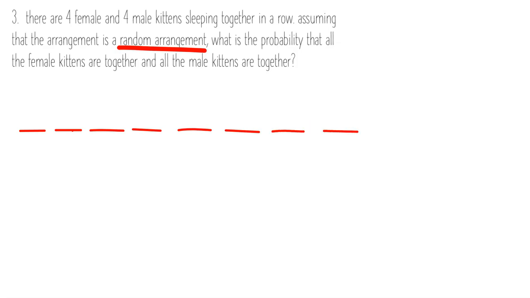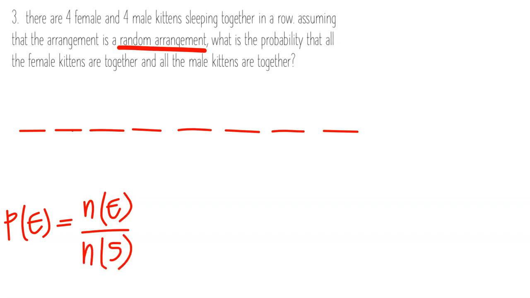I have a total of 8 kittens, and the denominator, when you're finding the probability of some event, is always equal to the number of ways that event can happen over the total number in my sample space. My sample space in this case would be how many different ways I can arrange all 8 kittens that I have. That would be a permutation since the order does matter.